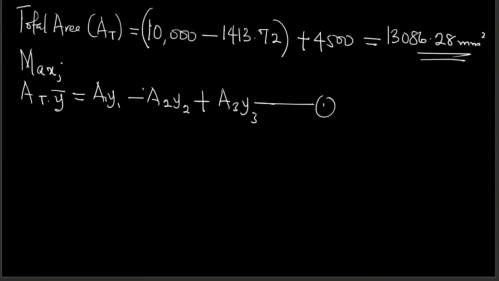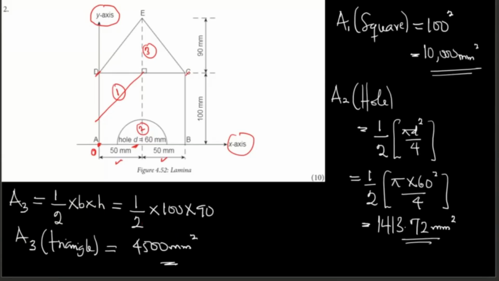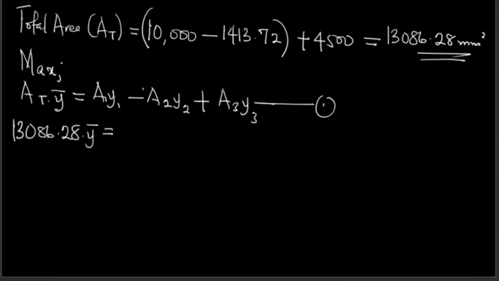So we are now going to have the total area. You can substitute right away: 13086.28. Now our A1 is what? 10,000. I want to ask you guys, what's going to be your Y1?